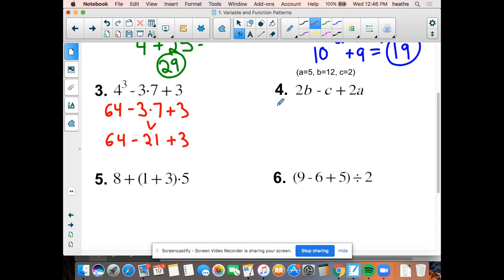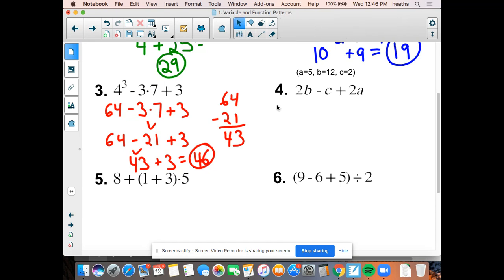We're left with a minus and a plus here, so let's start off by doing 64 minus 21. 4 minus 1 is 3, and 6 minus 2 is 4. So this is 43 plus 3. Our final answer is going to be 46.